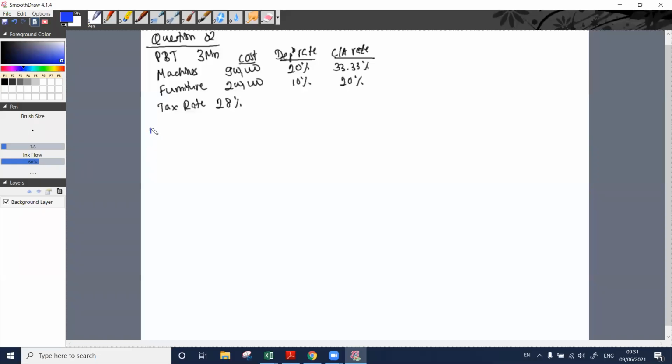First, we need to calculate the current tax expense. How to calculate? Taxable profit into tax rate. Taxable profit is not given straightforward for us. But what have we been given?